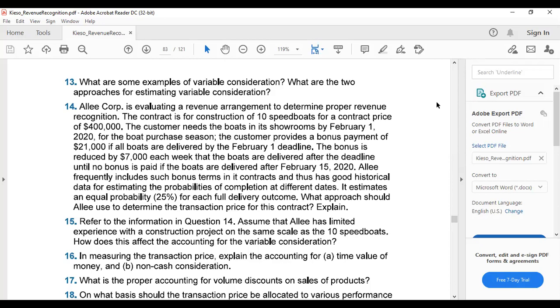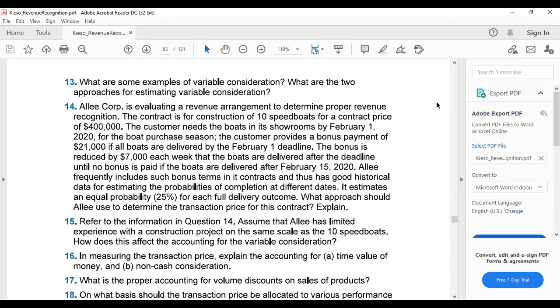Read number 14. Ali Corporation is evaluating a revenue arrangement to determine proper revenue recognition. The contract is for construction of 10 speedboats for a contract price of $400,000. The customer needs the boats in its showrooms by February 1, 2020. For the boat purchase season, the customer provides a bonus payment of $21,000 if all boats are delivered by the February 1 deadline.